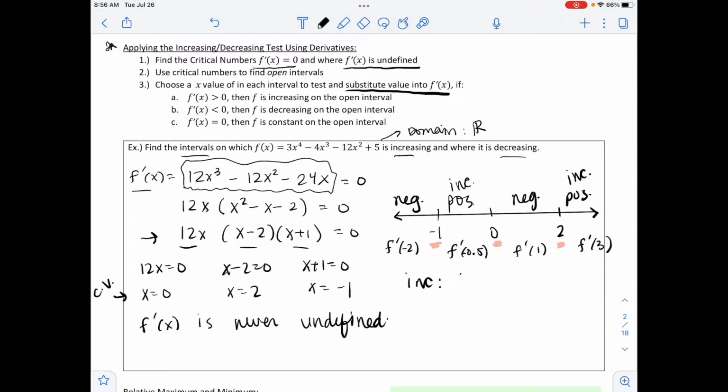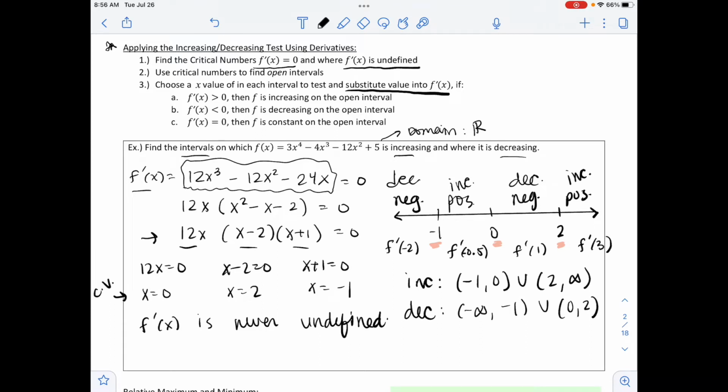And so it's going to be going from negative 1 to 0, and from 2 to infinity. And then it's going to be decreasing when it's negative. So it's decreasing from negative infinity to negative 1, and also from 0 to 2. So these would be our answers that we have.